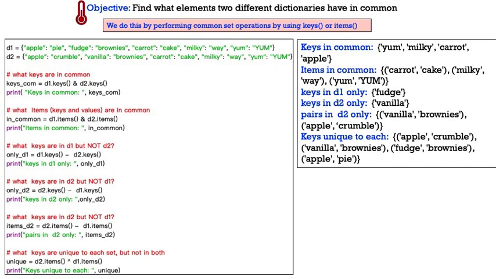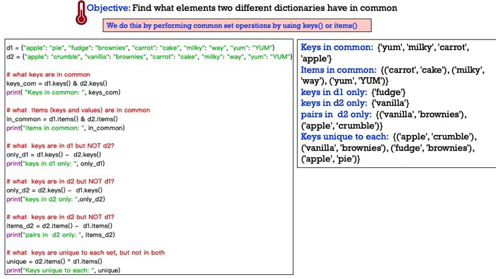So far, so good. Now we want to know what keys are in D1 but not D2. This we do with our variable only_D1. That equals d1.keys minus d2.keys, and we see the only key that is in D1 but not D2 is fudge. Now what keys are in D2 but not D1? It's very similar.